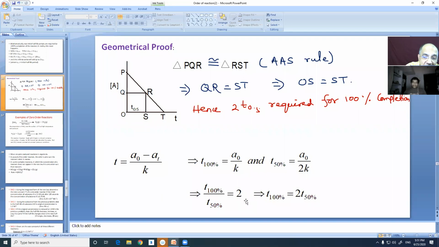So t100% will be twice of t50%. So for 100% completion, only 2 half-life periods will be required. We can prove it geometrically, from the equation, and also as a power series: half t1/2, 1 by 4 t1/2, 1 by 8 t1/2, and so on.